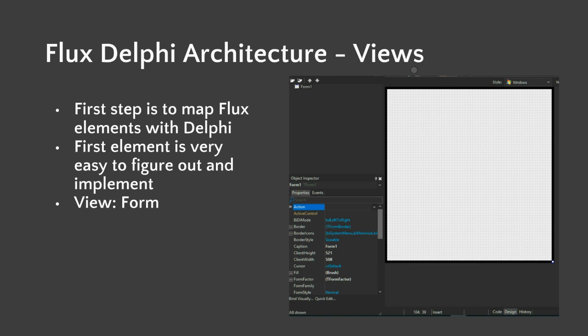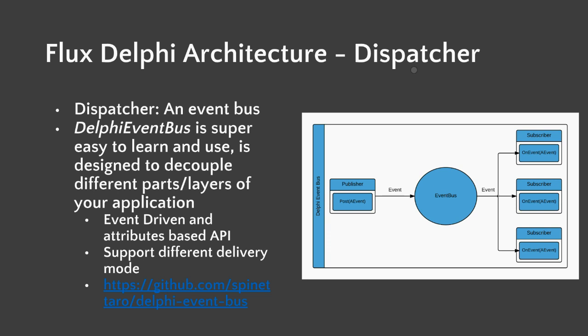A view can be a form in a Delphi application, and this is how I implement it. So views in Flux architecture are represented by a form in its Delphi implementation.